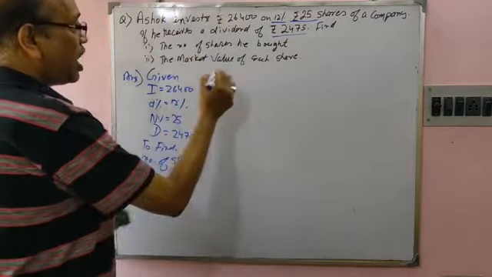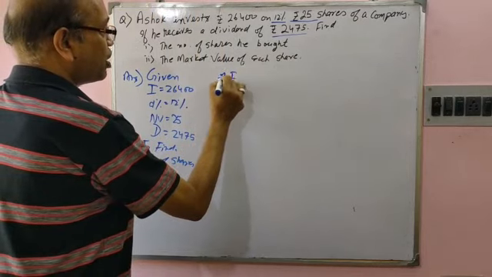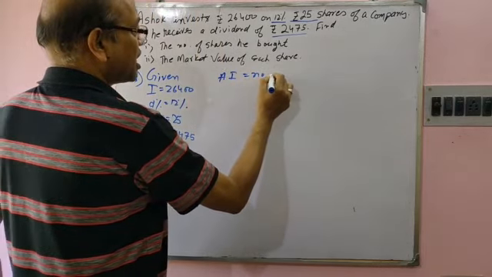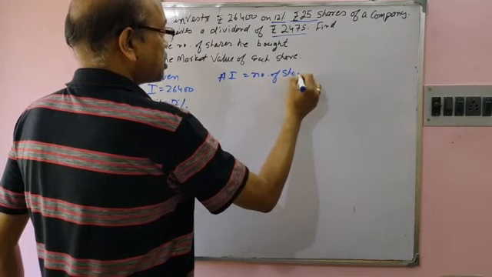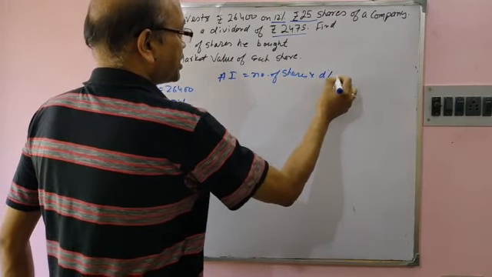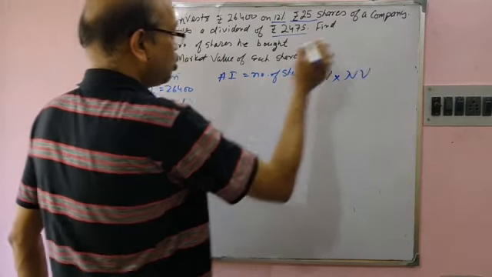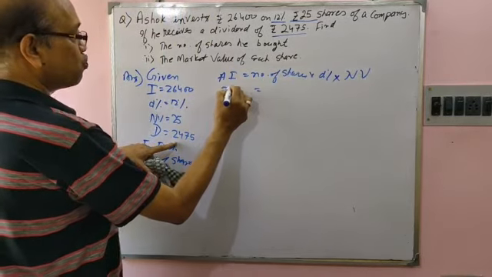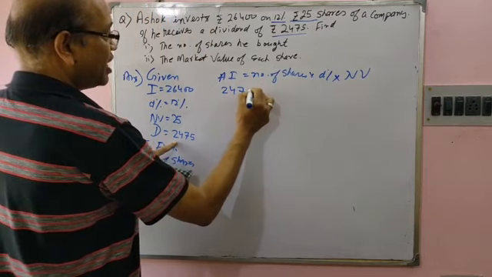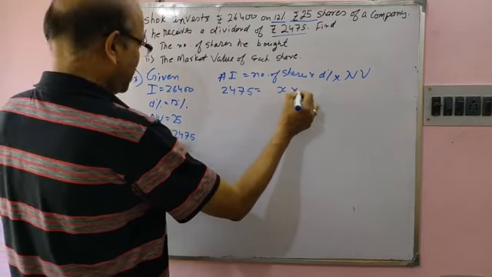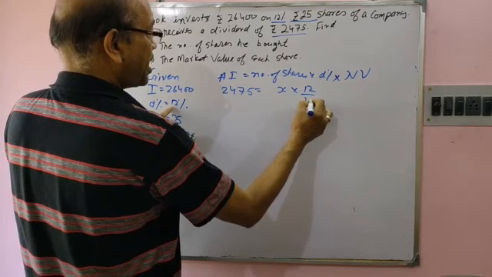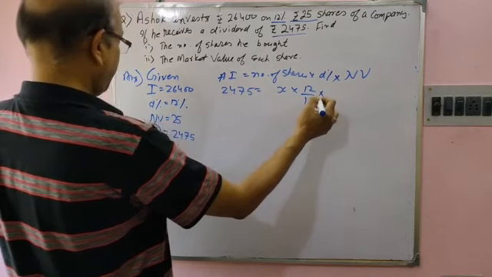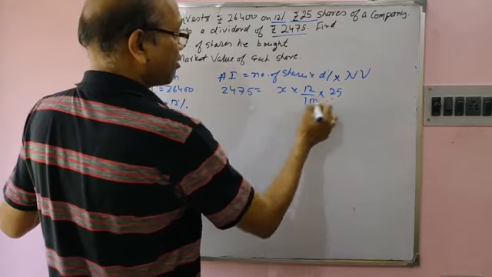Now, we know annual income or dividend is number of shares into D percent into nominal value. The number of shares we'll have to find out. Annual income is 2475. Let the number of shares be x. D percent is 12 by 100 into nominal value is 25.